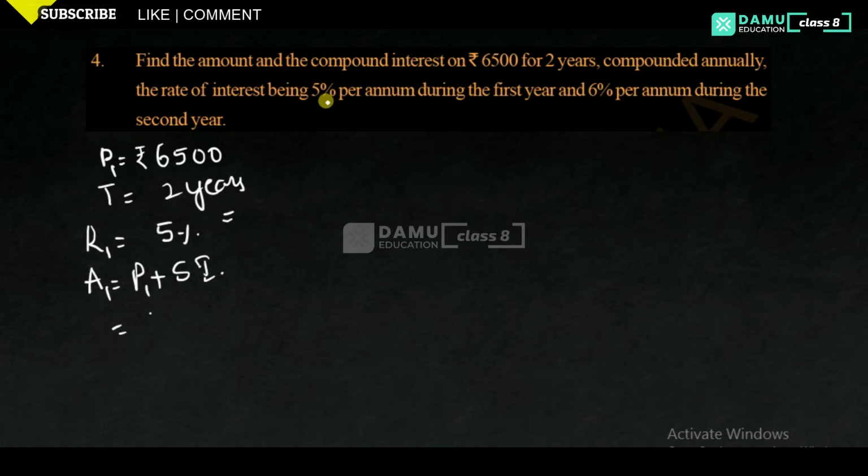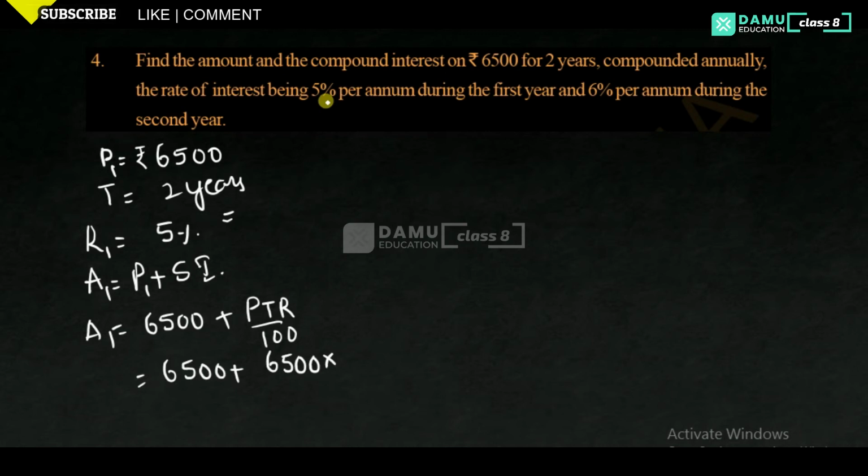So P is 6,500 plus simple interest, which is PTR by 100. So 6,500 plus 6,500 into time, which will be 1, and rate of interest will be 5, divided by 100.